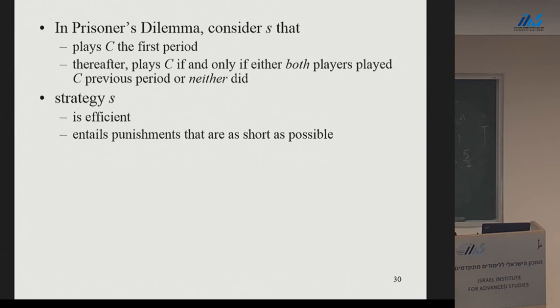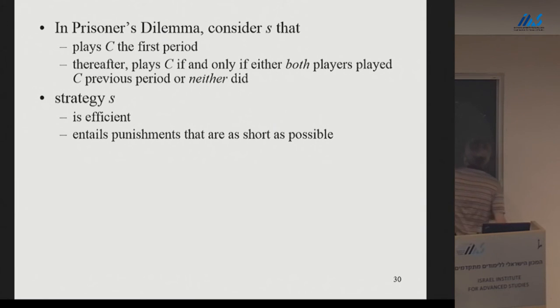The way that we constructed these mutants was by exploiting inefficiencies. To avoid having such mutants, we have to look at strategies which are as close to strong efficiency as possible. So we need punishments which are over as quickly as possible.